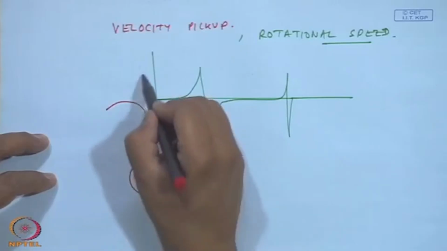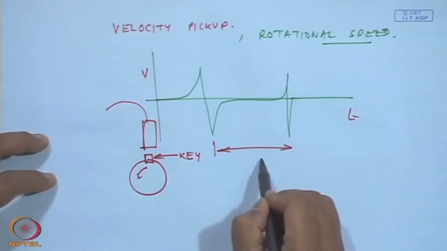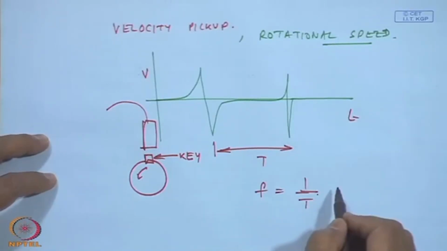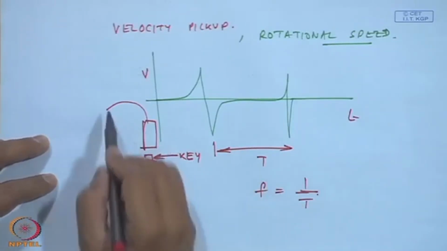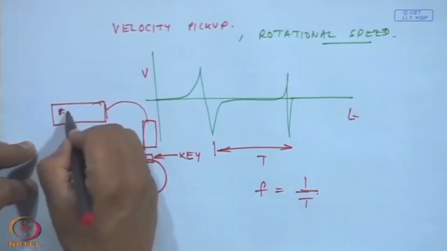So, there will be a voltage generated with time. Just by measuring the time period, I will know the frequency of rotation as the inverse of the time period. Just by having a frequency counter, I can measure the rotational speed.